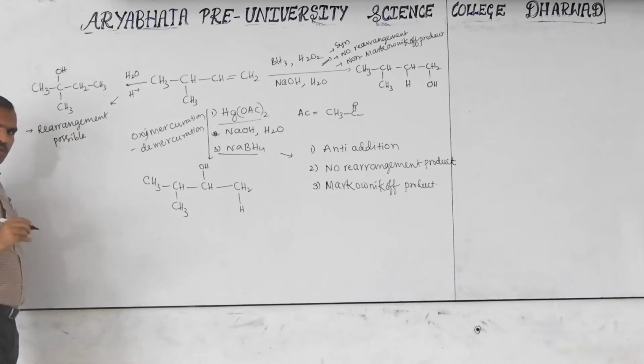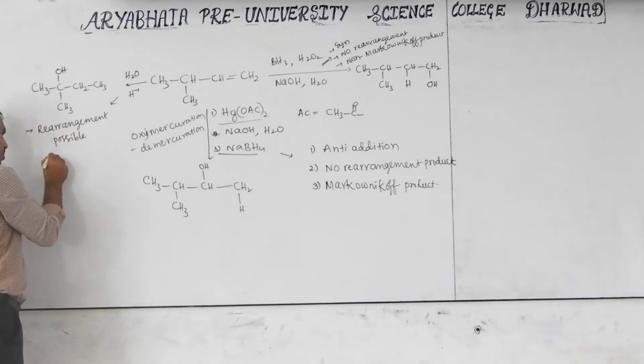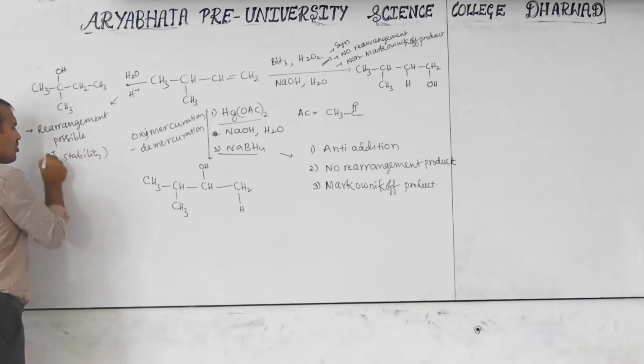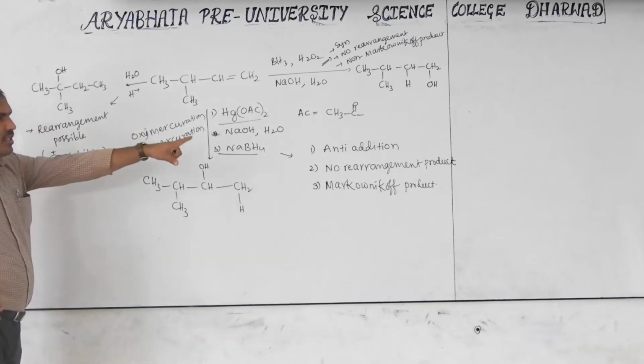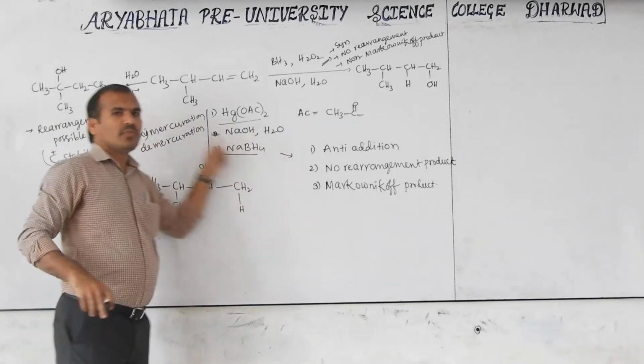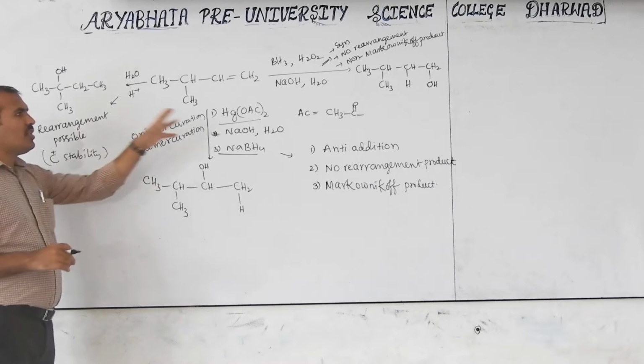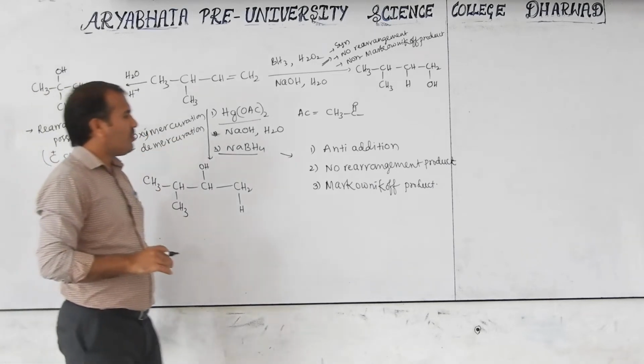Why is rearrangement possible here? Carbocation stability. Here also carbocation stability, but it is a single-step reaction. These two are more than one step. So this is the difference between these three reactions we have to observe.